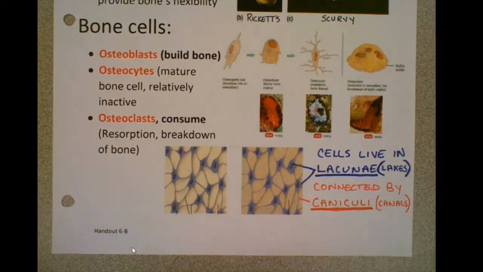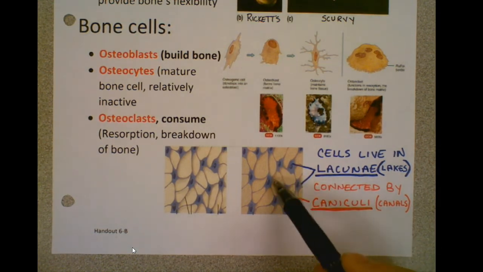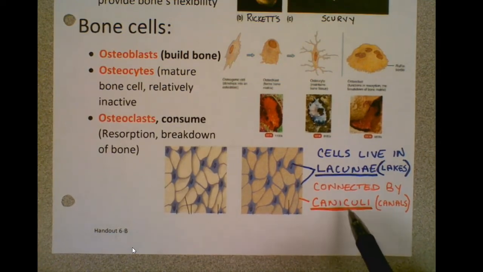Of course, they're chemical messages, right? So they can send ions and other types of molecules back and forth from cell to cell through the canaliculi canals into the lacunae lakes.